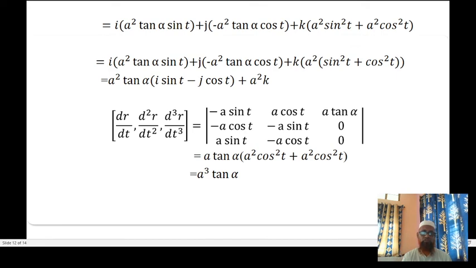So a into a² is a³ tan alpha. So the scalar triple product of dr/dt, d²r/dt², d³r/dt³ is a³ tan alpha.